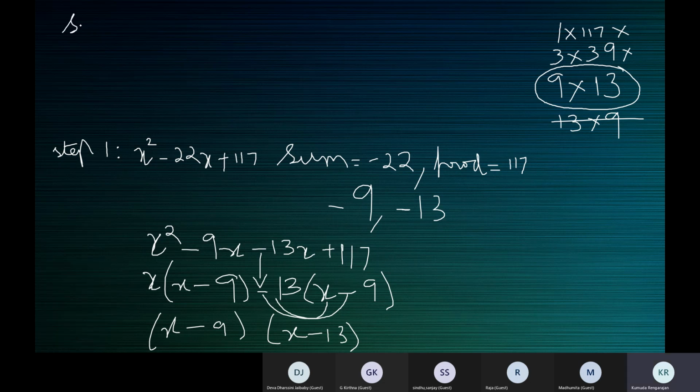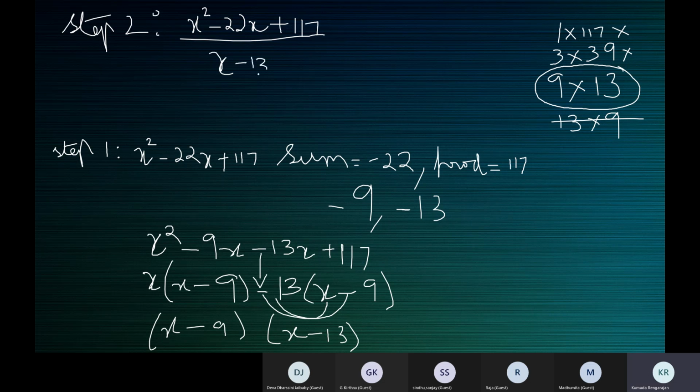So step two is to divide. We have to divide x squared minus 22x plus 117 by x minus 13. The numerator we factorize, we got x minus 9 into x minus 13.